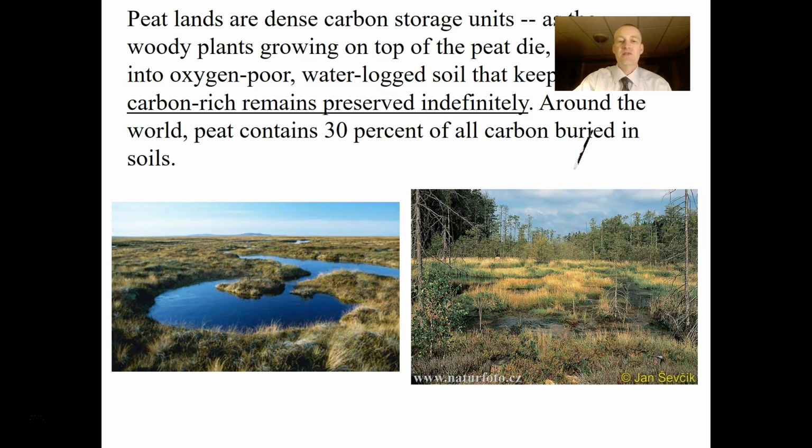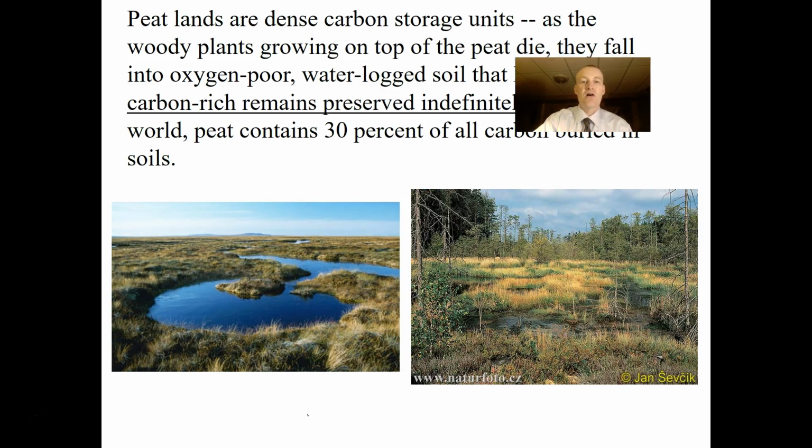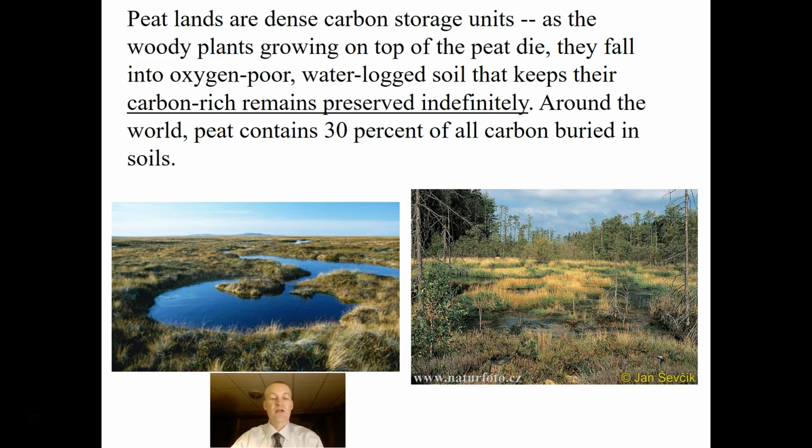Now, peatlands and peat bogs are really important at regulating the chemistry of the atmosphere. So you know in the air that you're breathing right now, there's carbon dioxide, there is nitrogen gas, and there's also oxygen. So those gases that are in the atmosphere are regulated by various things like algae in the ocean or plants on land.